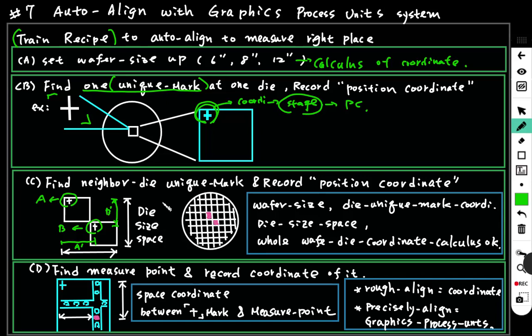So we can know the two dies' cross unique mark position at this wafer.